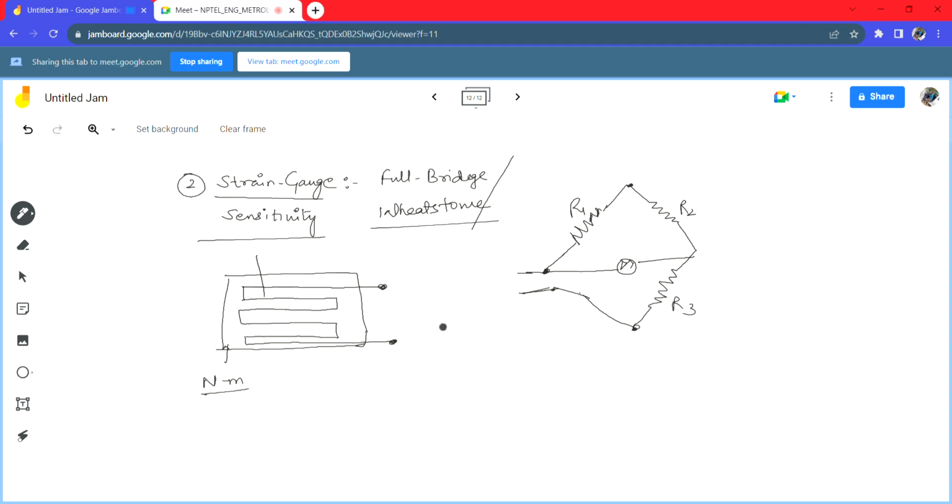Now again, when pressure is applied onto this strip, the dimensions would change, and with the change in the dimensions, the resistances would change. And what we are eventually doing is, we are connecting this with this Wheatstone bridge. So this section will create delta R, and this delta R will cause a deflection over here in the galvanometer.